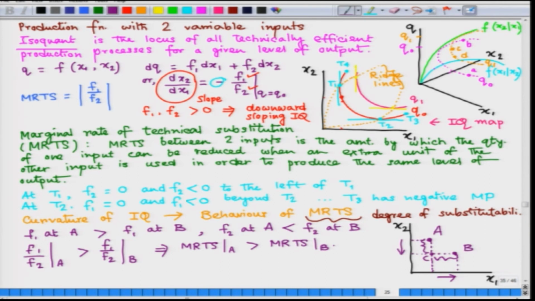So, the absolute value of the slope has increased as we moved along the isoquant from A to B. So, if the absolute value of the slope has actually increased, then we can draw an isoquant which gives us this convex shape. So, here is the result.